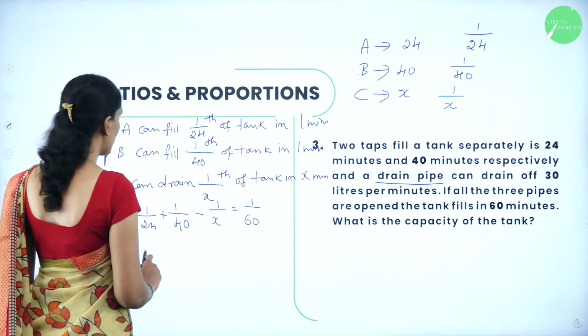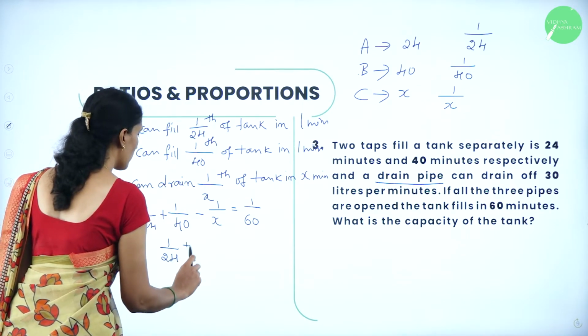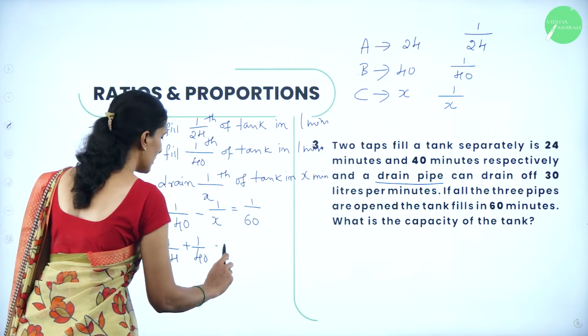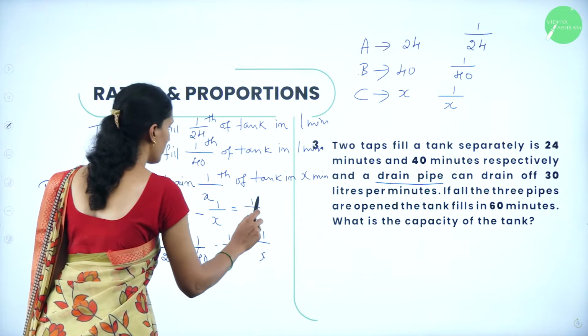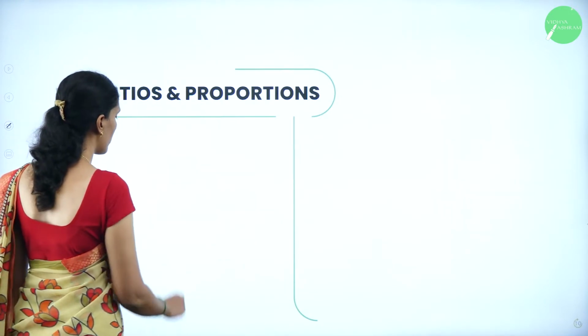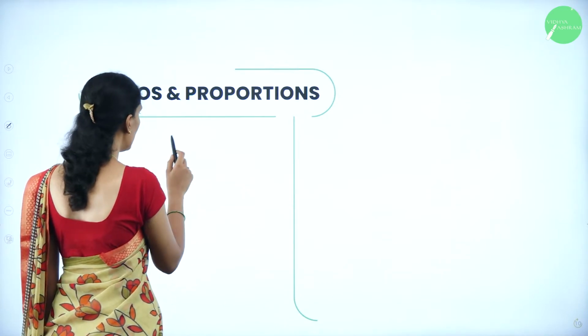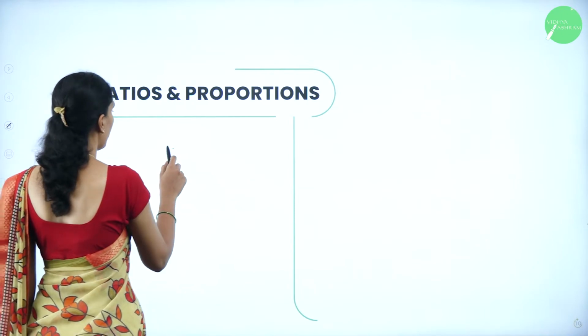So let me solve this now. It is 1 by 24 plus 1 by 40 minus 1 by 60 is equal to 1 by X. I have shifted 1 by 60 to this side, 1 by X to that side. When I take the LCM here, I'll get 240.